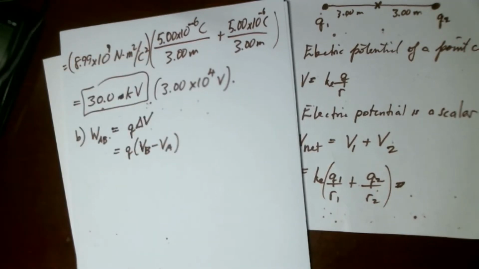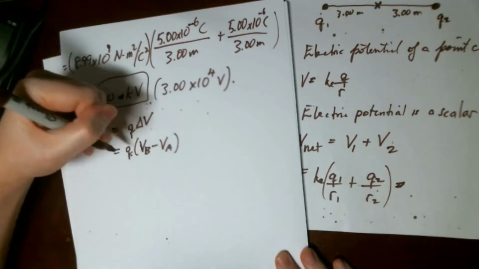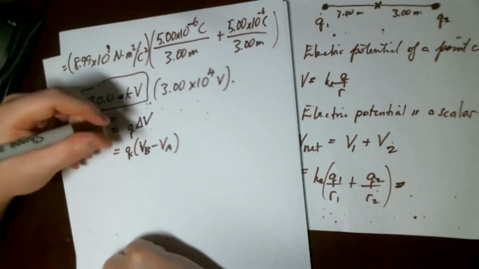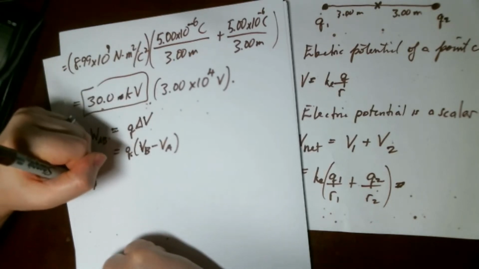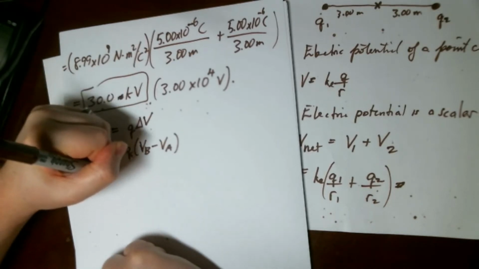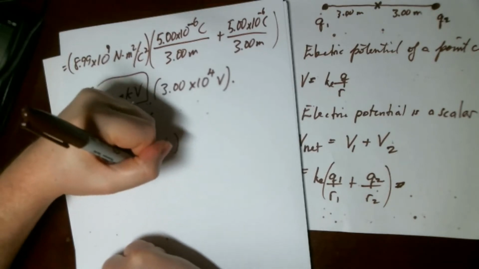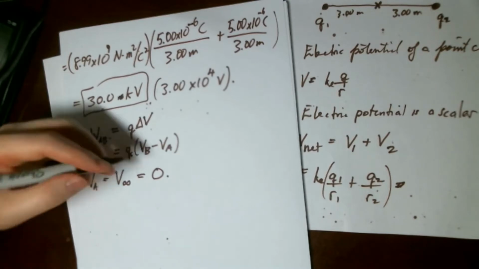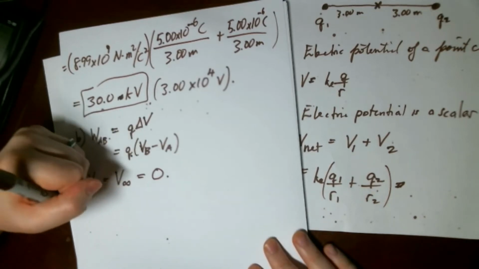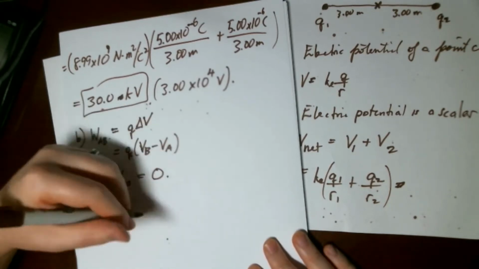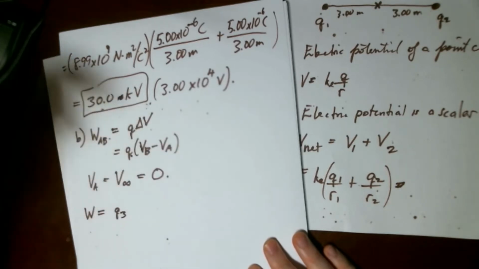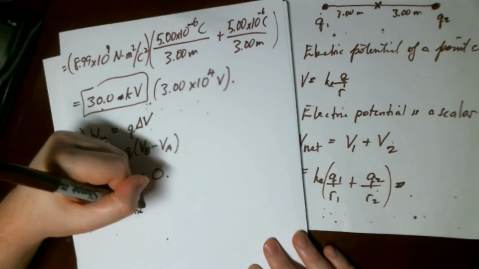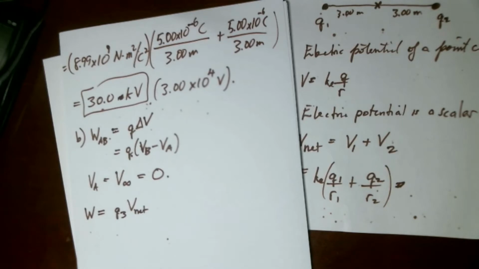So in this case, we're moving Q3 in from very far away. So we'll take its initial potential to be the potential at infinity, which we define to be 0. Then the work we do is just going to be Q3 times the potential of that point between the 2 point charges.